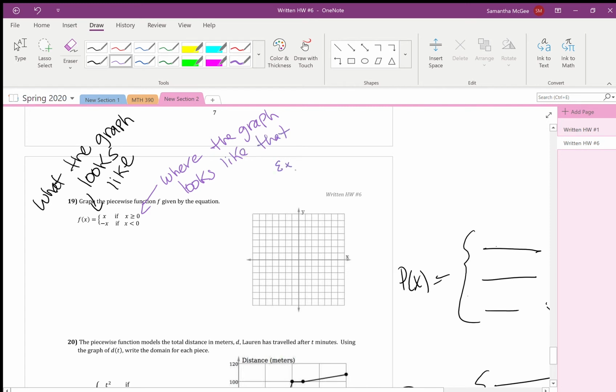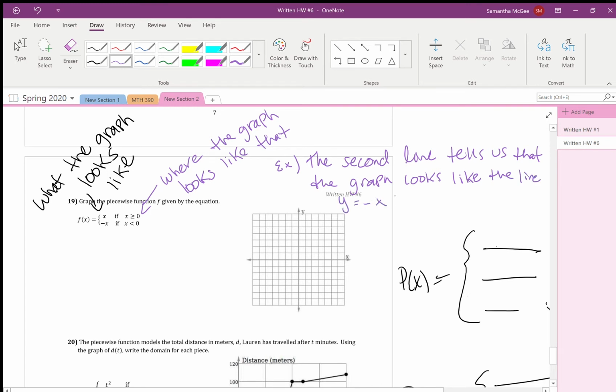So as an example, and I'm actually going to start with the second line. That second line tells us that the graph looks like the line y equals negative x when our inputs, or our x values, are less than 0.